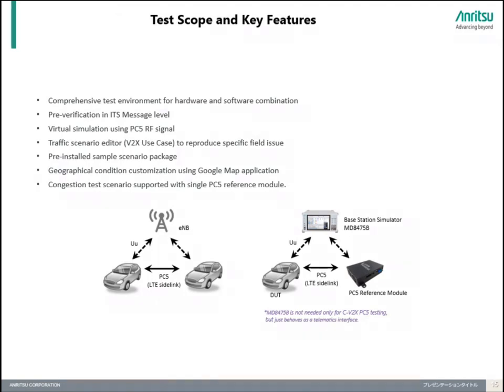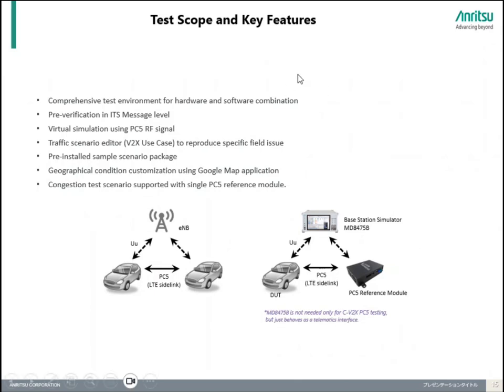And how are we now simulating this in a lab environment or for a test environment? The diagram on the right-hand side explains just that. You have your DUT which you are developing, which is shown in the vehicle image, right? We have noted it as DUT.